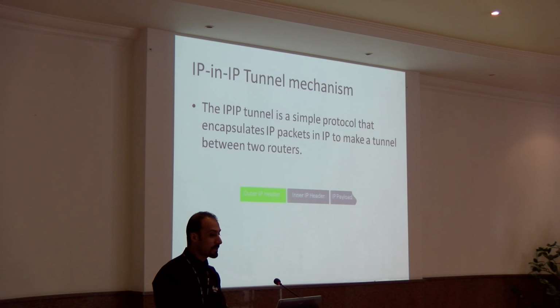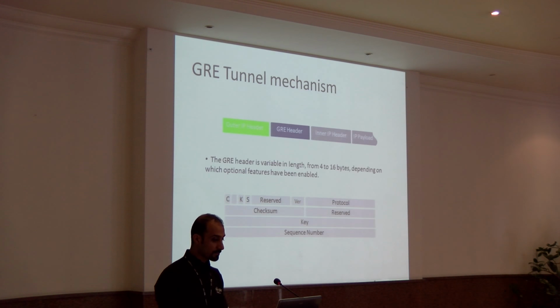The IP in IP tunnel is a simple tunnel that encapsulates one IP packet in another IP packet by means of tunneling between two routers. It adds an outer IP header, and after that you have the inner IP header, and then you have the IP payload.